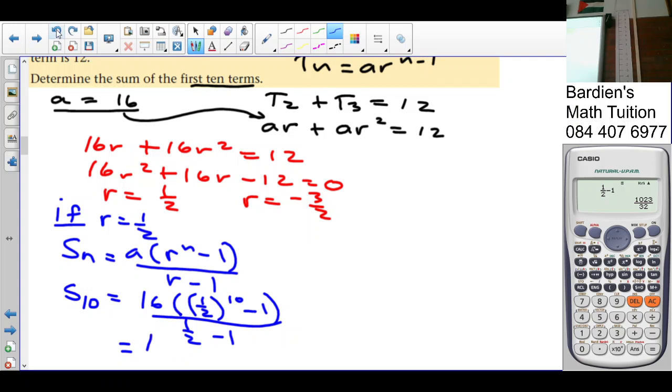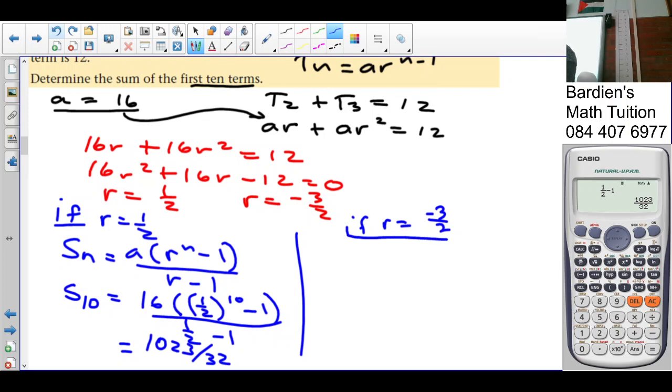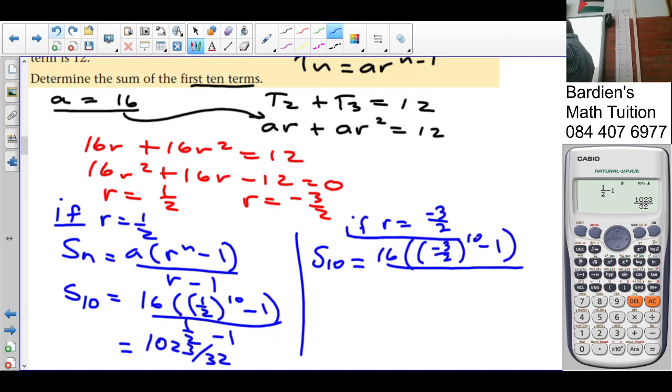1023 over 32. On the other hand, if R is equal to negative 3 over 2, then S10 now works out to be, A is 16, R is negative 3 over 2, raised to the exponent 10 minus 1 over negative 3 over 2 minus 1.